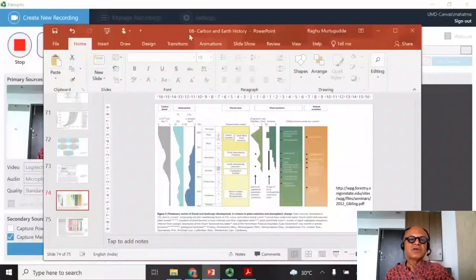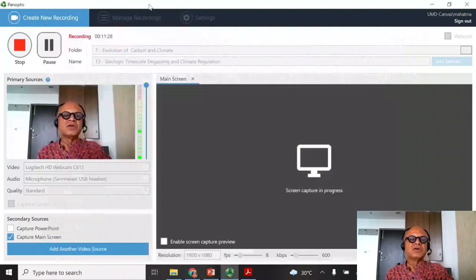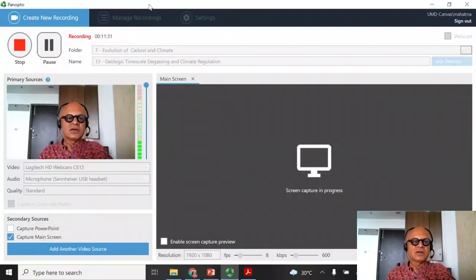Okay, so that's the degassing story, which should bring us fairly close to the end of the evolution of the carbon cycle.